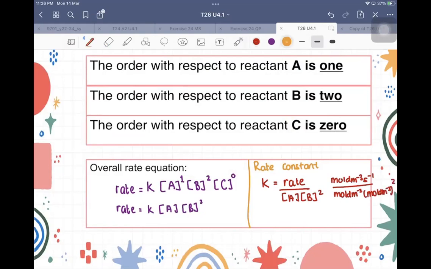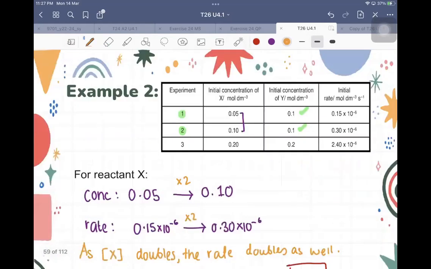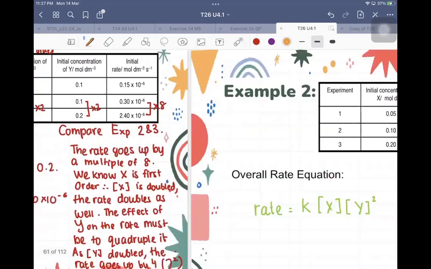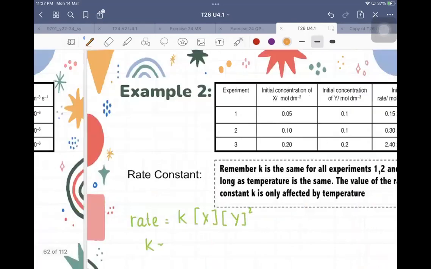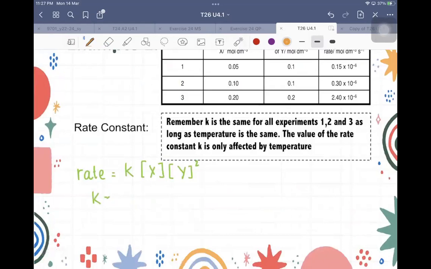So that cancels out. You should get mole minus 2 dm6 s minus 1, and you should get a number here. So please correct example 1, and then we go back to example 2 to find the rate constant. Sorry about that.